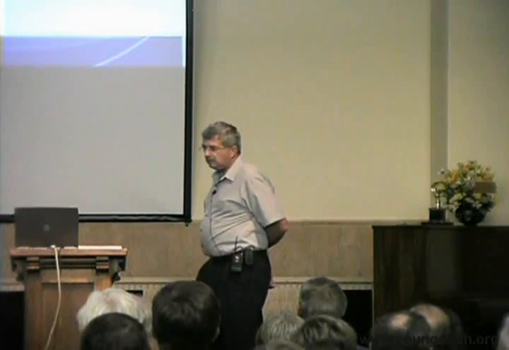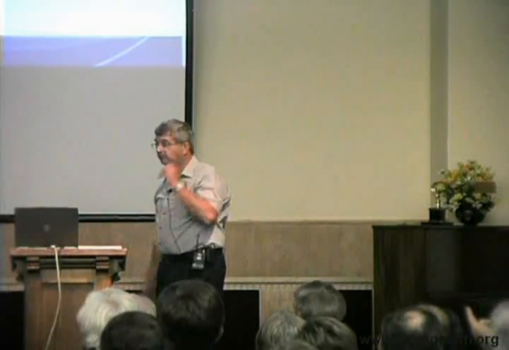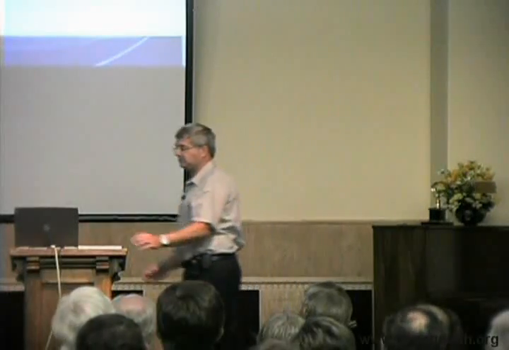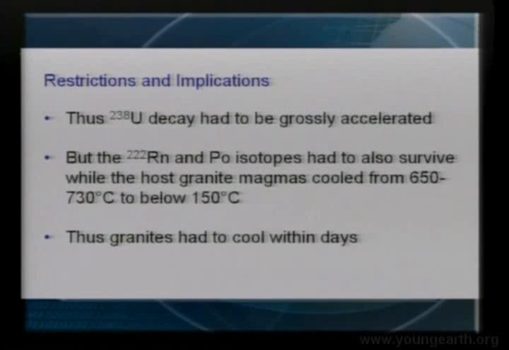Remember, the radon and the polonium have only a short half-life. If the granite cooled slowly over millions of years, all the radon and polonium would have decayed away, and there wouldn't be any left, or hardly any left, by the time the granite got to below 150 degrees to form the polonium radiohalos. So the implication is the granites had to cool within days as well.